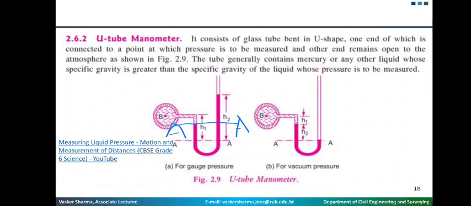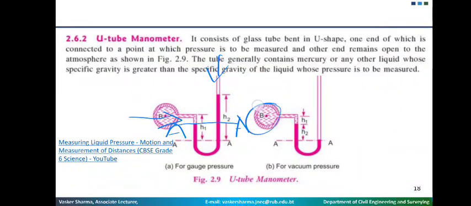Okay, so based on the difference in your H1 and H2, you calculate the gauge pressure. In case of vacuum pressure, to let you know, this point is actually subjected to atmospheric pressure. Here, the pressure is exerted due to the fluid.